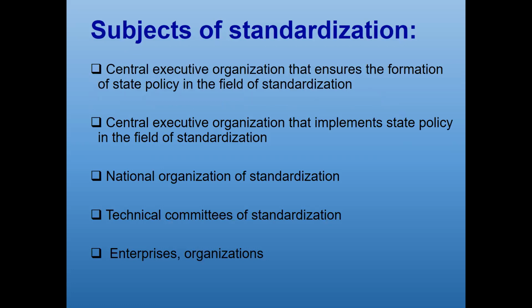Subjects of standardization: the central executive organization that ensures the formation of state policy in the field of standardization, the central executive organization that implements state policy in the field of standardization, the national organization of standardization, technical committees of standardization, enterprises, organizations.